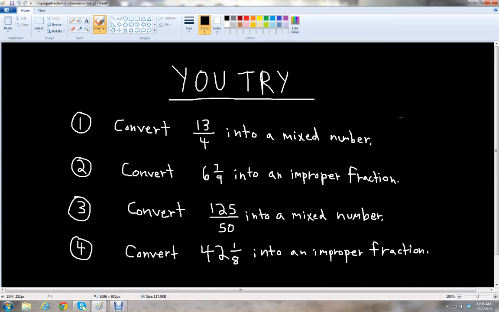So the first problem asks you to convert the improper fraction 13 over 4, or 13/4, into a mixed number. In the second problem, you want to convert the mixed number 6 7/9 into an improper fraction.